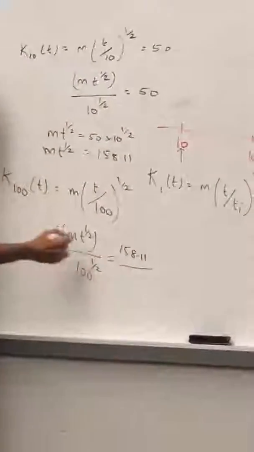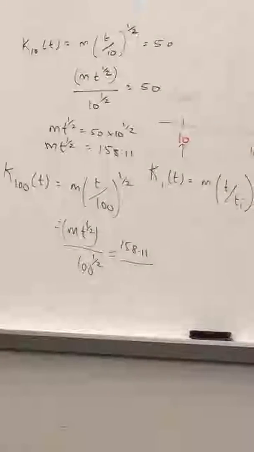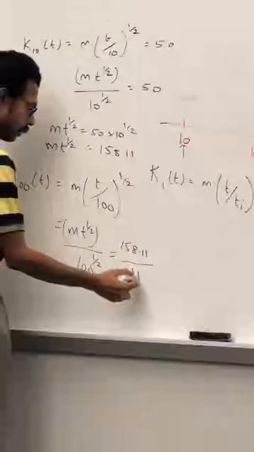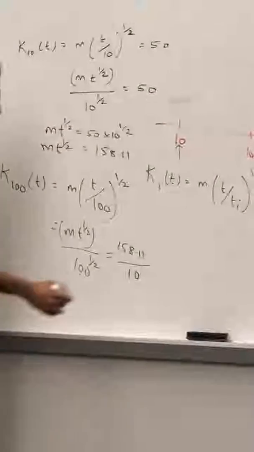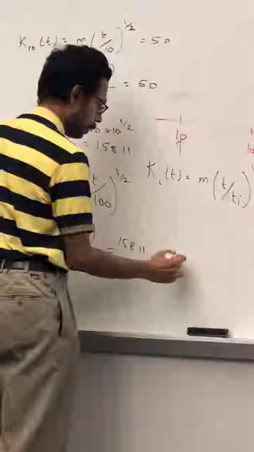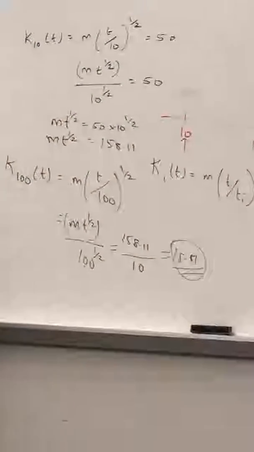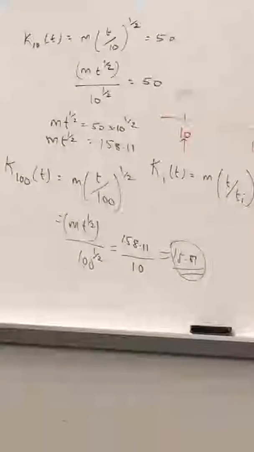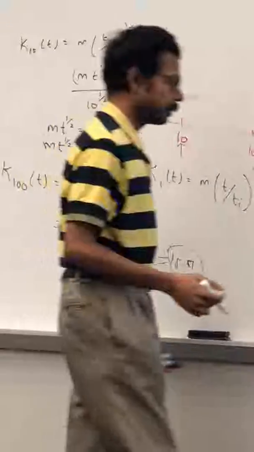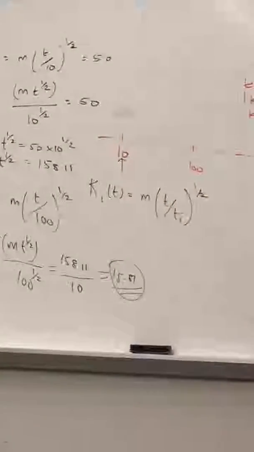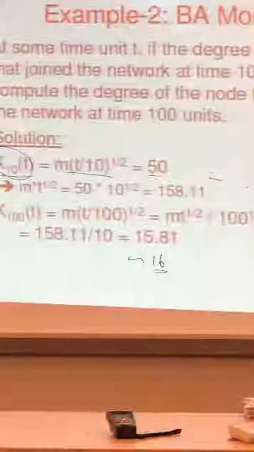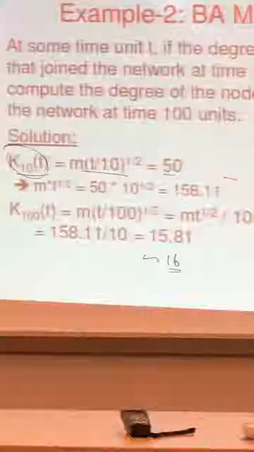The denominator is 100 to the power of half, the square root of 100, which is 10. So that is 15.81. This is the degree. Of course, degree has to be a whole number, so you could round it up to the next largest value, which is 16. So that's the degree of the node that joined at time 100.